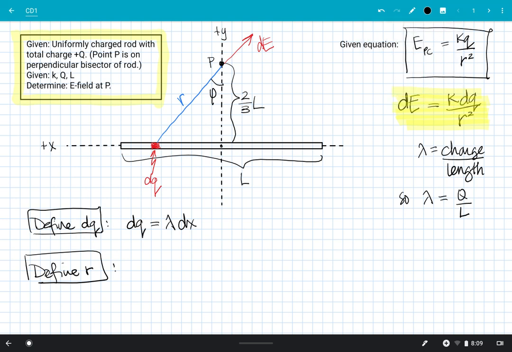So if I'm going to define R in this case, I see that conveniently it's part of a right triangle. So that's pretty cool. Then I can say R is equal to the square root of, now I'm going to write this and see if you follow me, x squared plus 2/3 L squared. Okay. So that entails you understanding what x is.